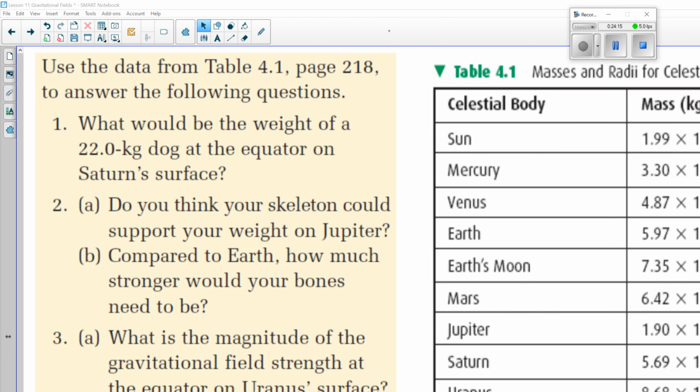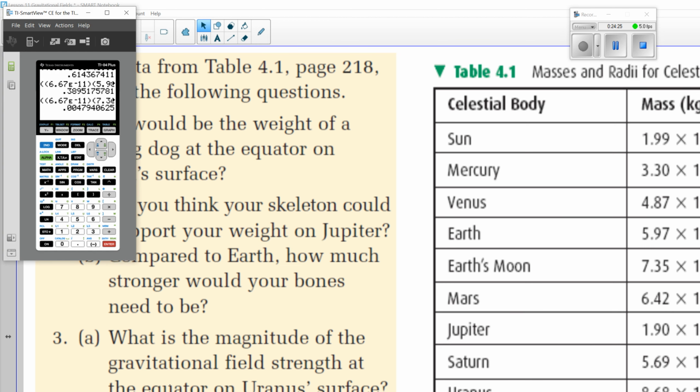So for question number 1, am I looking for force of gravity or gravitational field strength? Force of gravity, it's asking for weight. So for that one, I would plug in the numbers that they've given because it was for Saturn. That would be 6.67 E negative 11, then the mass of the dog, and then the mass of Saturn, 5.69 E 26.